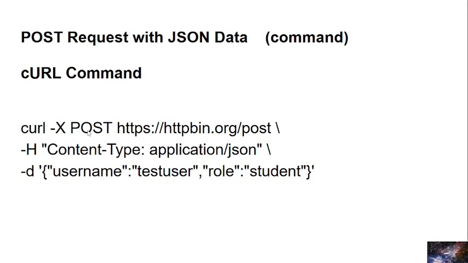Okay, so curl, the method we want is POST, and the URL is http /bin/post, and the header content type we want is JSON, and the data is what? The data we are sending is username test user, role is students.